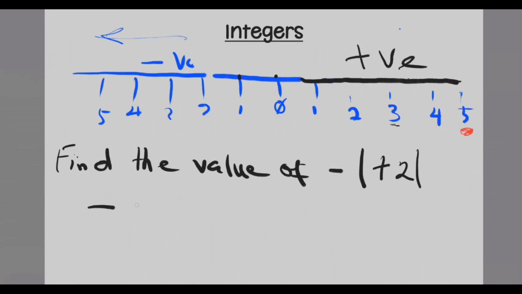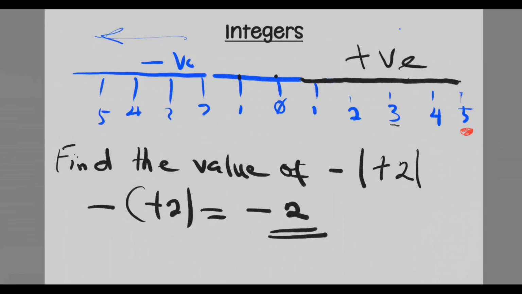So you're going to have minus plus 2, and minus times plus is minus, so we're going to have -2. That is our answer. So the absolute value of plus 2 is 2, and then minus times plus 2 is -2. Okay, so I hope you guys have learned something here.